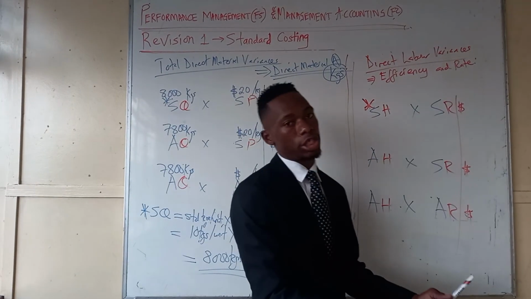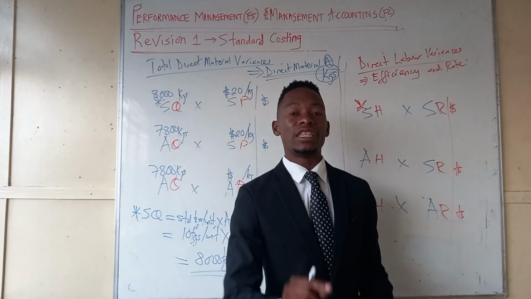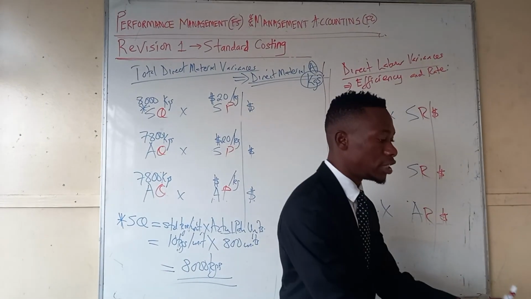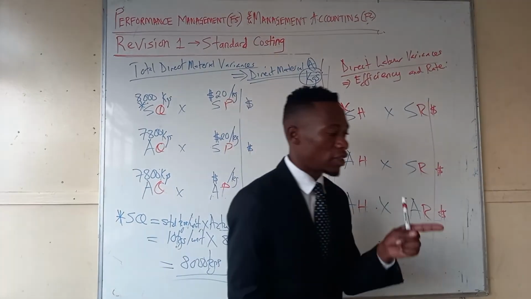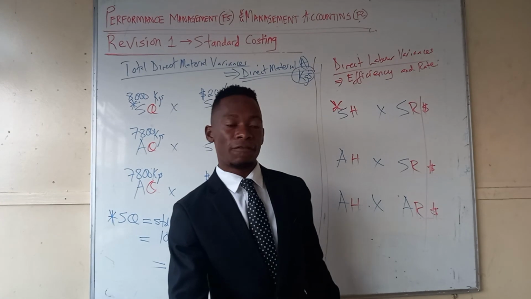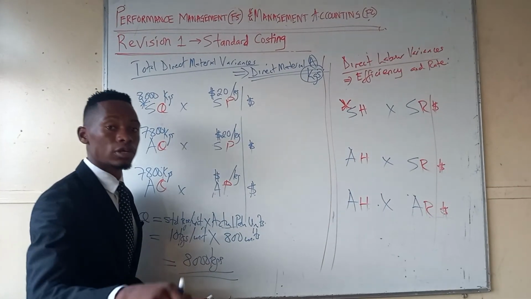Most of the questions, you won't be given the actual price per kg, but you'll be given the actual cost for the materials. According to this question on material A, they say that 7,800 were used, costing 159,900. So I'm given the actual cost in total.